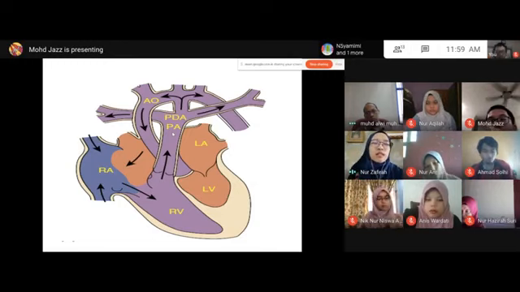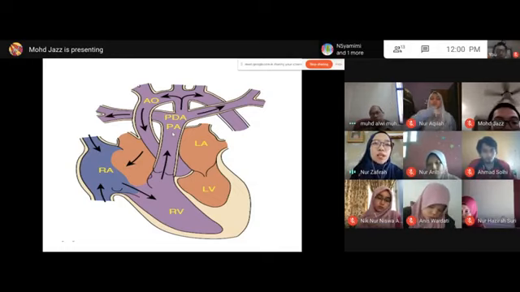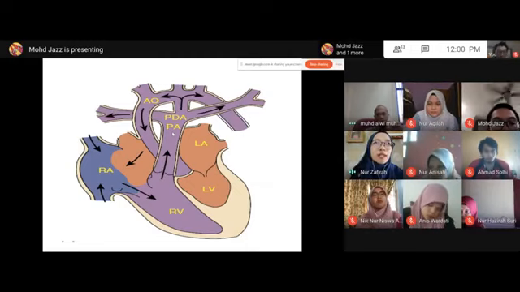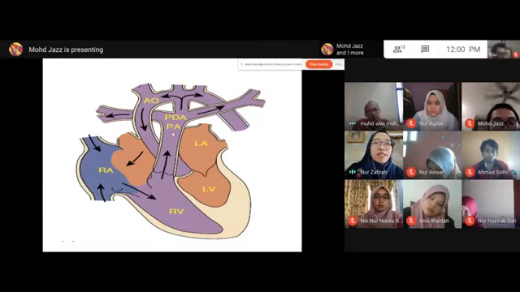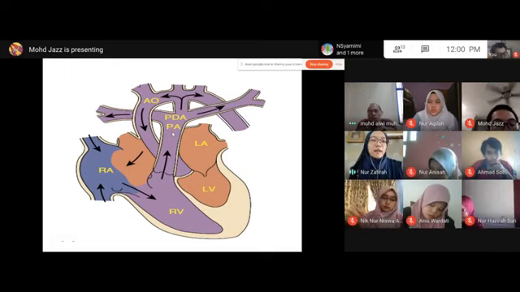The cyanosis is present when there is more than 3 or 4 gram per deciliter of deoxygenated hemoglobin.